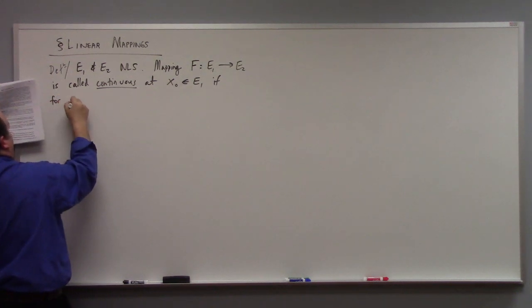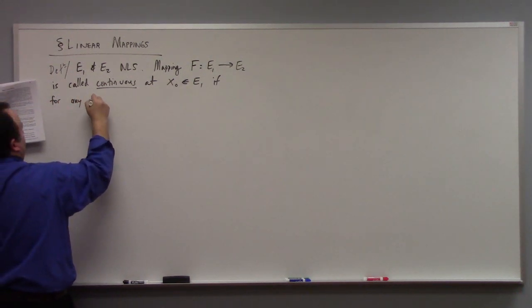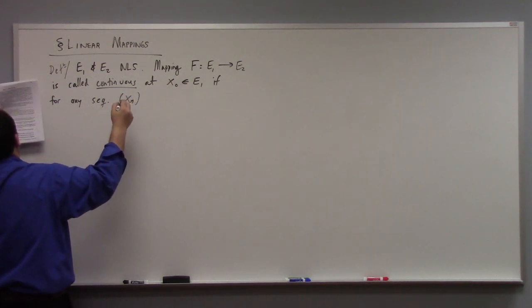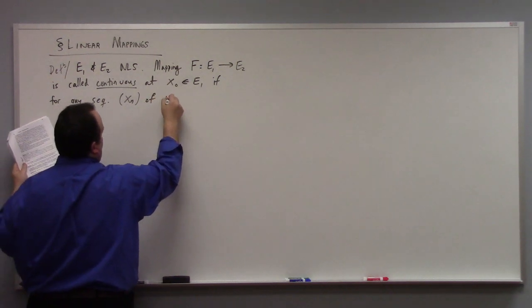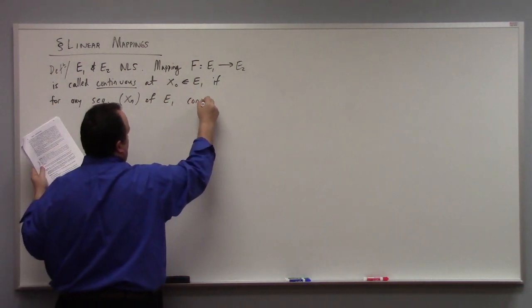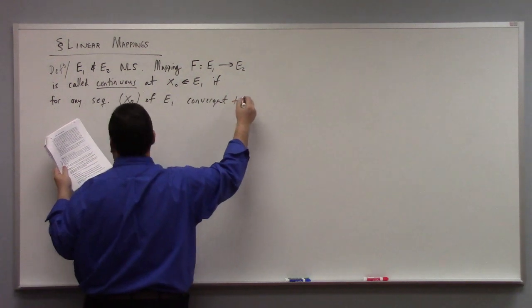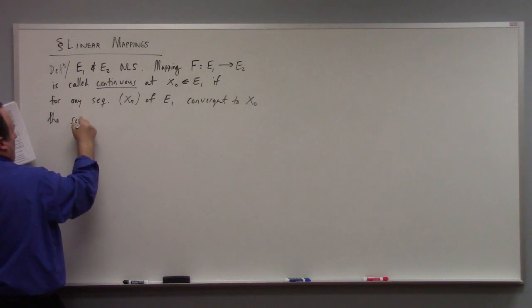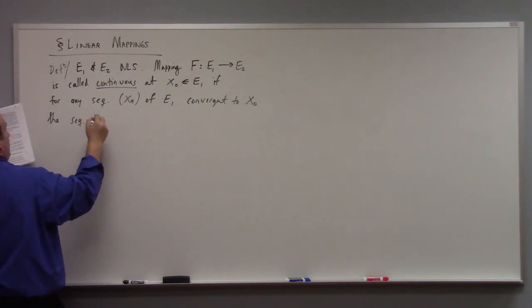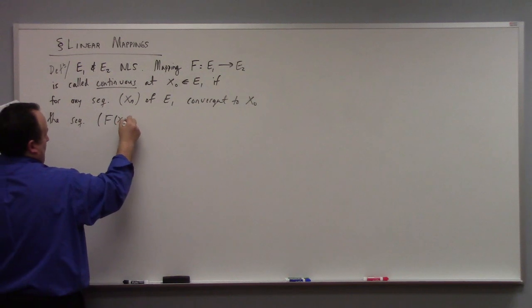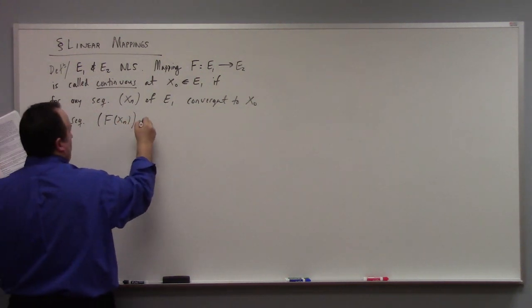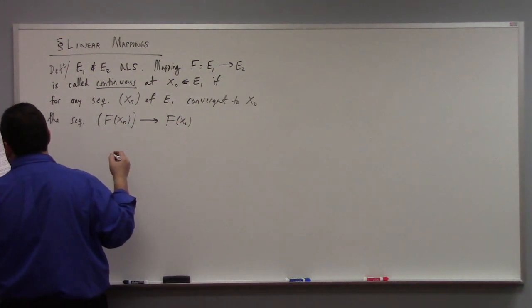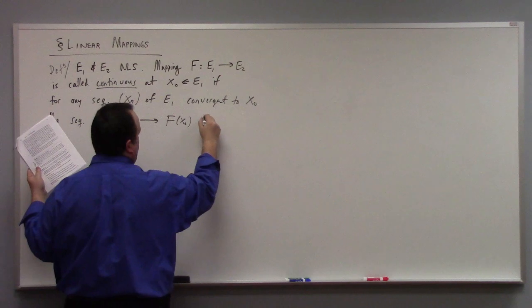For any sequence x sub n of E1 convergent to x naught, the sequence f of xn converges to f of x naught in E2, right?